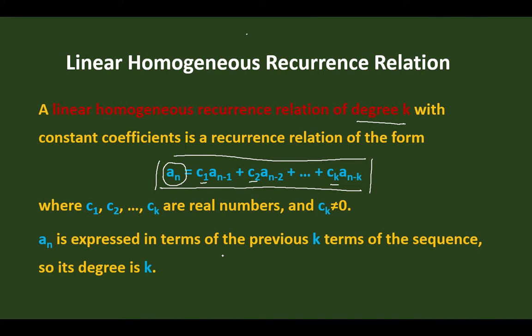And an is expressed in terms of previous k terms, as we can see that an is expressed with its previous term, which is an minus 1, and the previous term of that term an minus 2, and so on, and it would go on like this to n minus kth term. So this type of equation is regarded as a linear homogeneous recurrence relation of degree k because an is expressed with the help of previous k terms of the sequence.